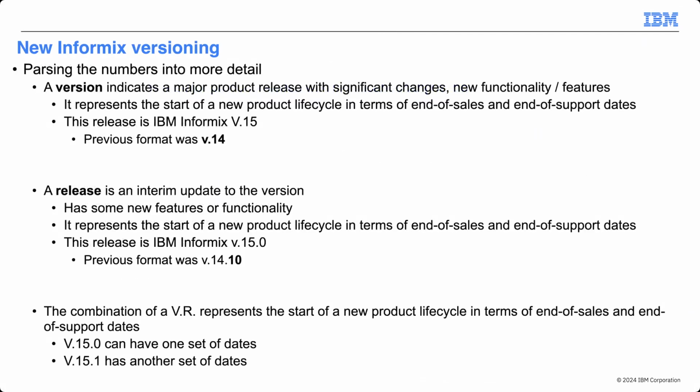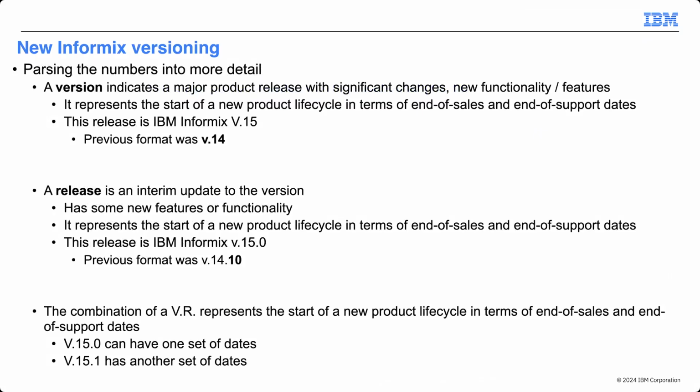As you might expect, a version or a release pack will have either some to significant functionality added to it. And in terms of technical support for Informix, it will be based off combinations of versions and releases. So for example, what we have just released is version 15.0.0.0.